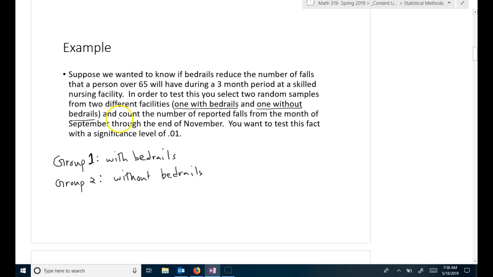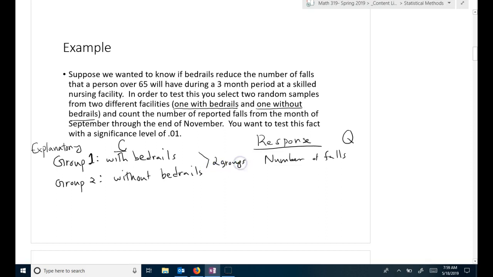Then our comparison: here's our explanatory variable, the presence of bed rails, and then our response variable is going to be the number of reported falls. And notice that that one's quantitative. So here's our categorical, here's our quantitative. We have the right number of groups, two groups. And so consequently, in this case, we're going to use a Two-Sample T-test.